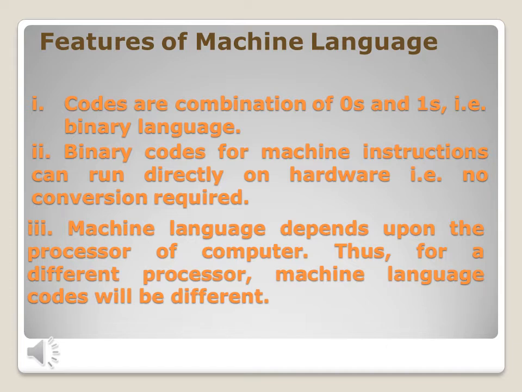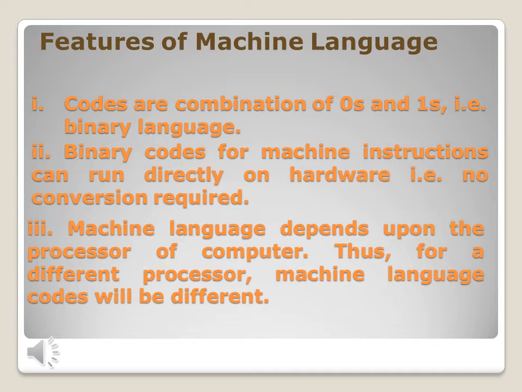Now we will see the different features of machine language. The first one: all the codes written in machine language are a combination of zeros and ones. That is a binary language. Binary codes for machine instructions can run directly on the hardware. No conversion is required for the binary codes because we already know that it is a machine language.